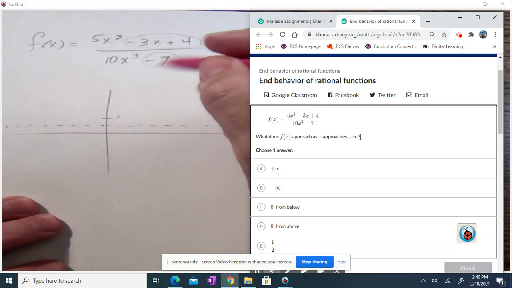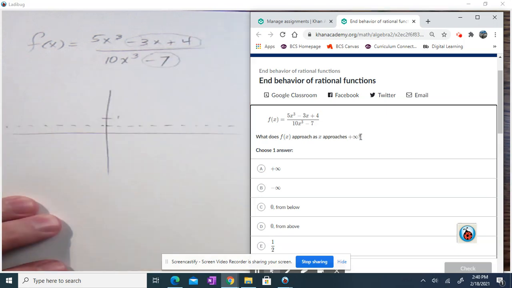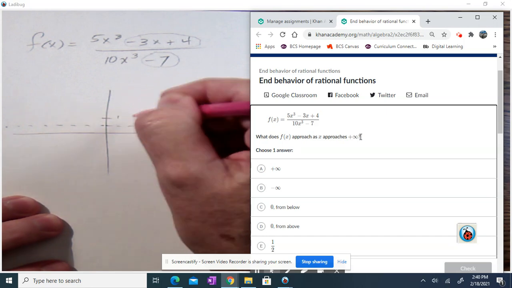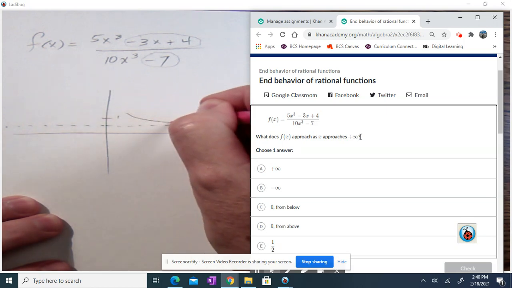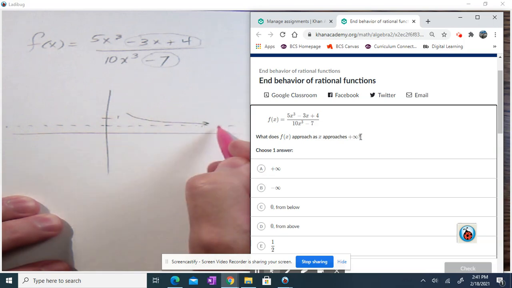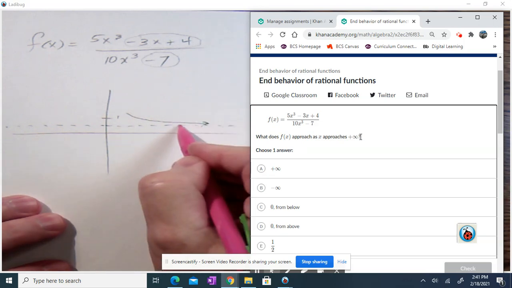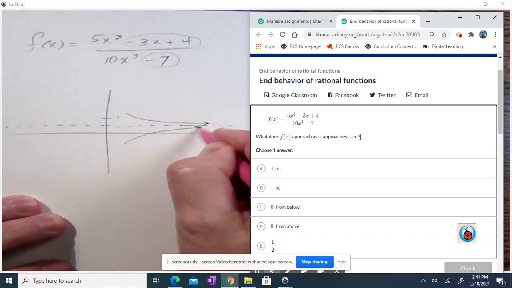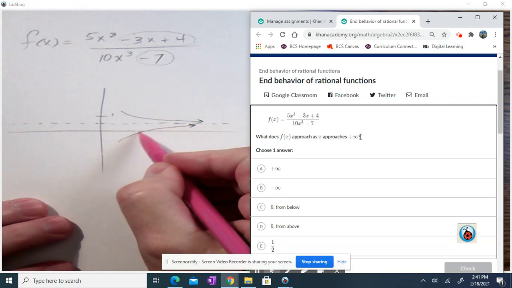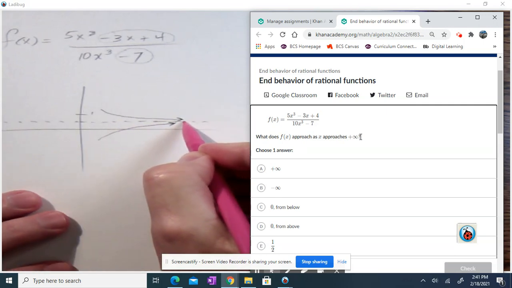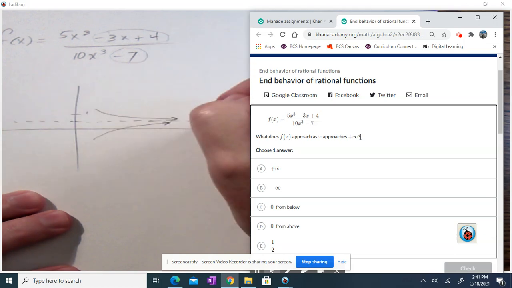But I do know it's going to either come down on this horizontal line, which we call a horizontal asymptote, from this direction, or maybe come up and do this, but it's going to approach this invisible barrier, which is a horizontal asymptote.